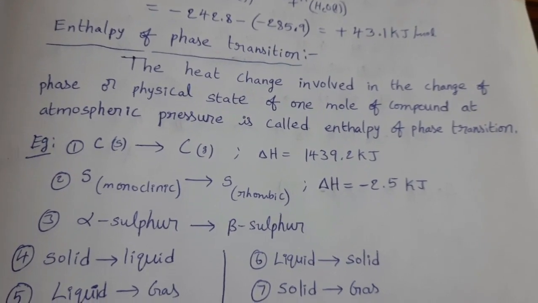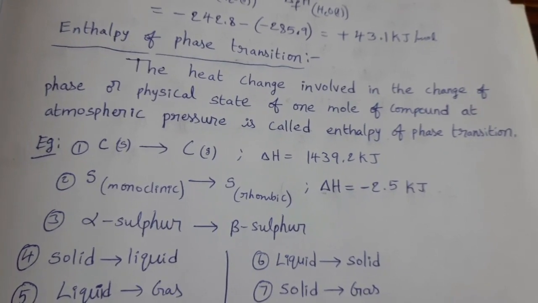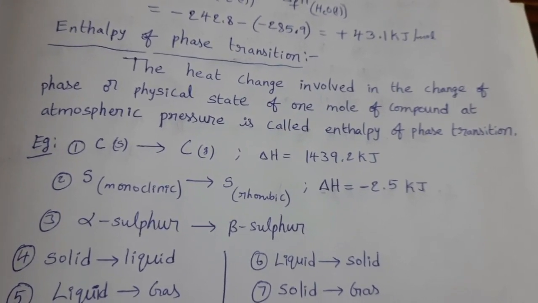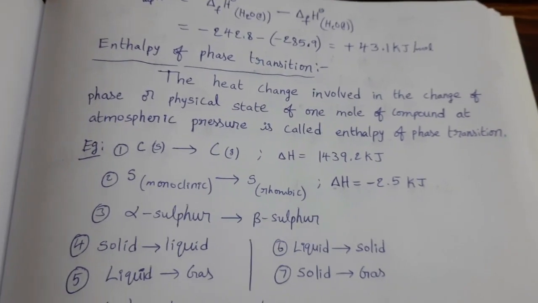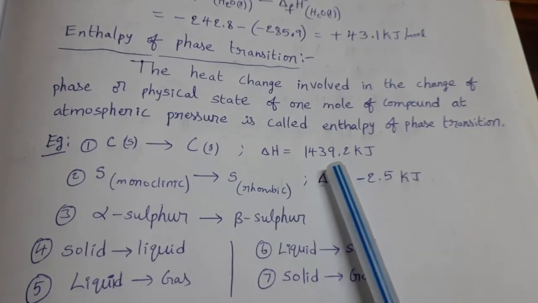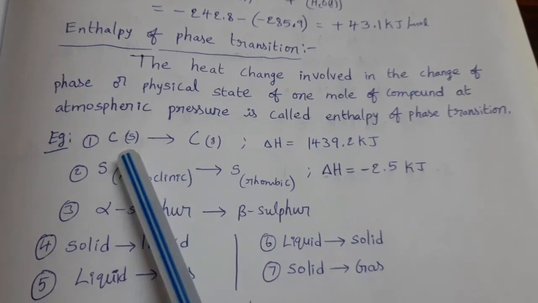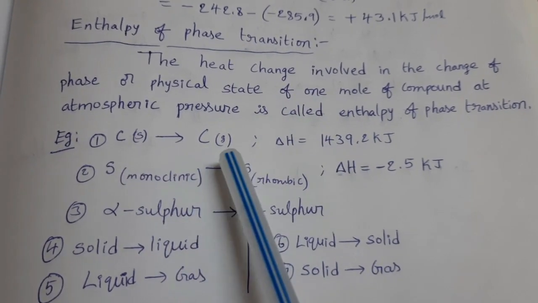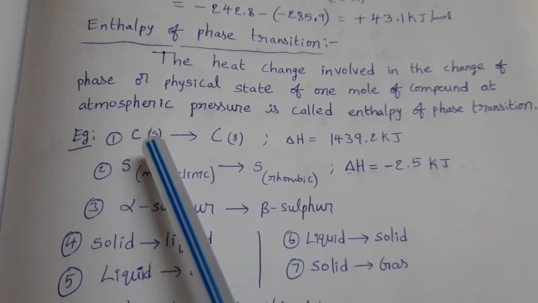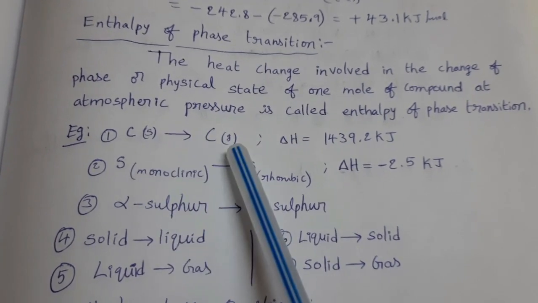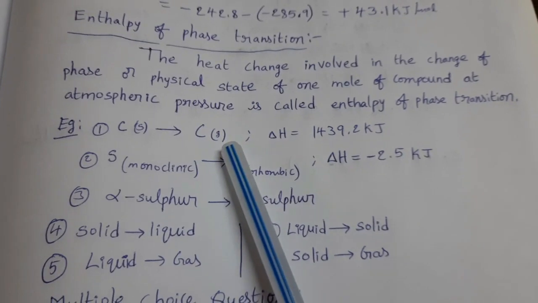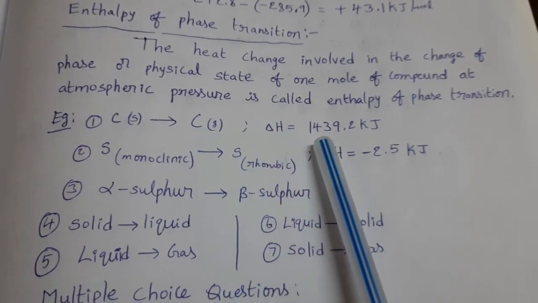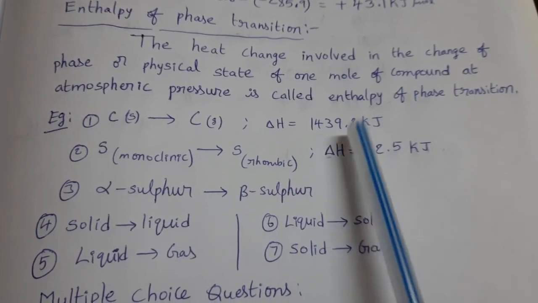For example, carbon is generally present in solid state. To convert this solid carbon to gaseous state, the required enthalpy is 1439.2 kilojoule per mole. So solid carbon changed to gaseous carbon. That means only the physical state is changed. So in this conversion, the involved enthalpy is called enthalpy of phase transition.